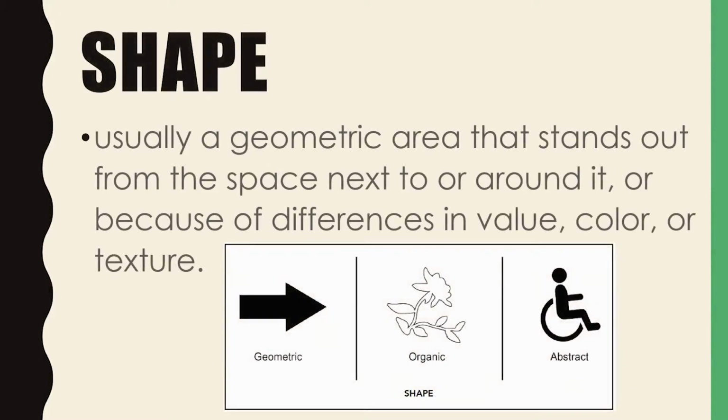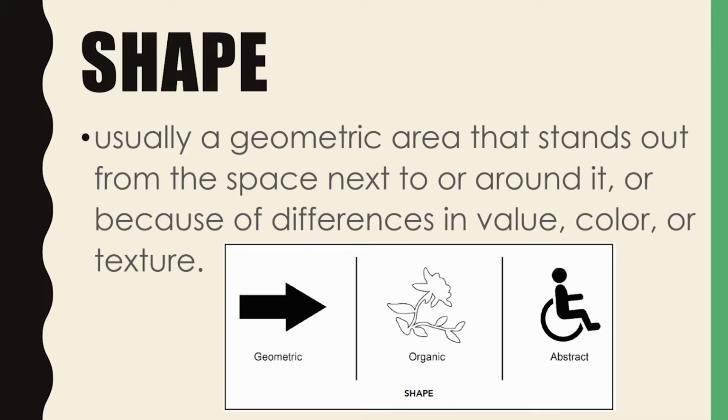Shape. It is usually a geometric area that stands out from the space next to or around it, because of the differences in value, color, or texture. There are three types of shapes. First one being geometric. Geometric is comprised of the basic shapes we already know, such as squares, triangles, circles, and so on.